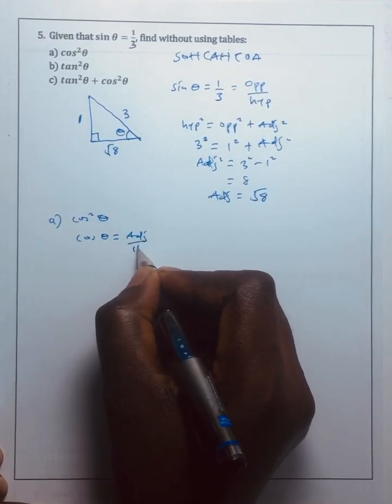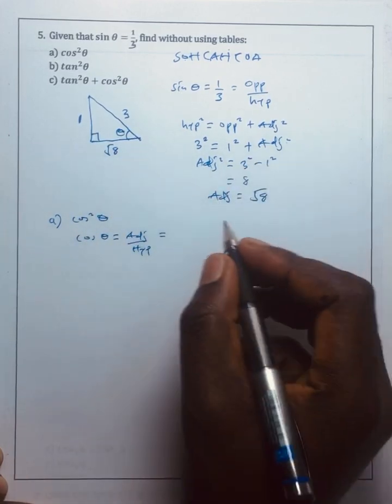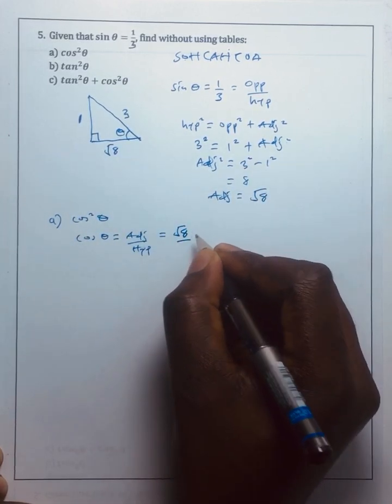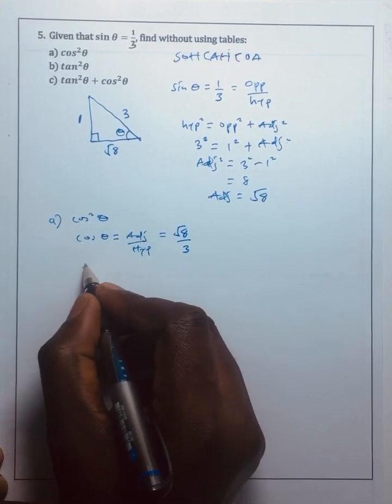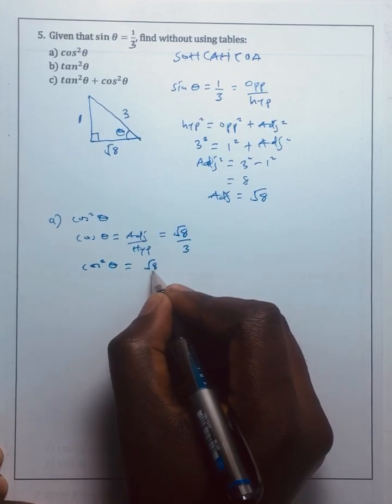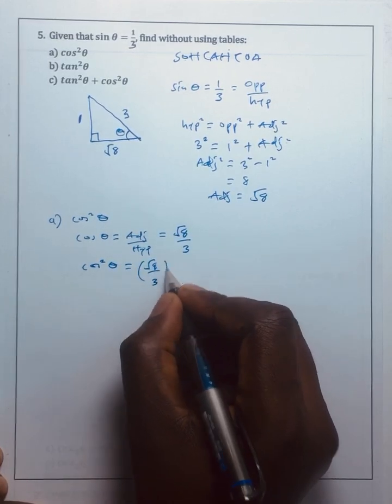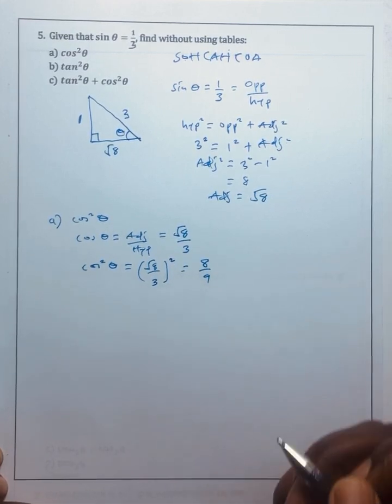In this case, adjacent is root 8, and the hypotenuse is 3. So cos squared theta will be just the square of this, so that we have 8 over 9.